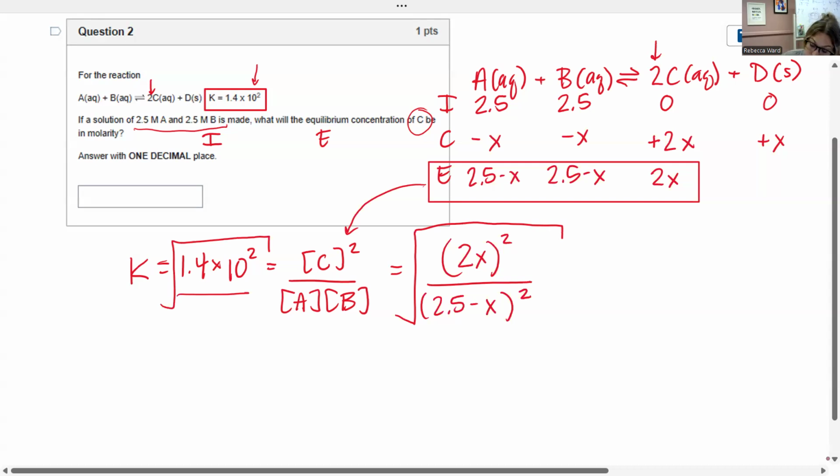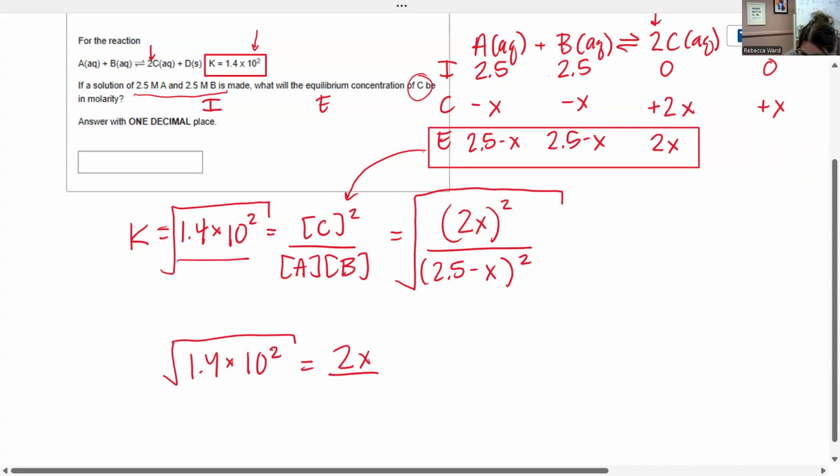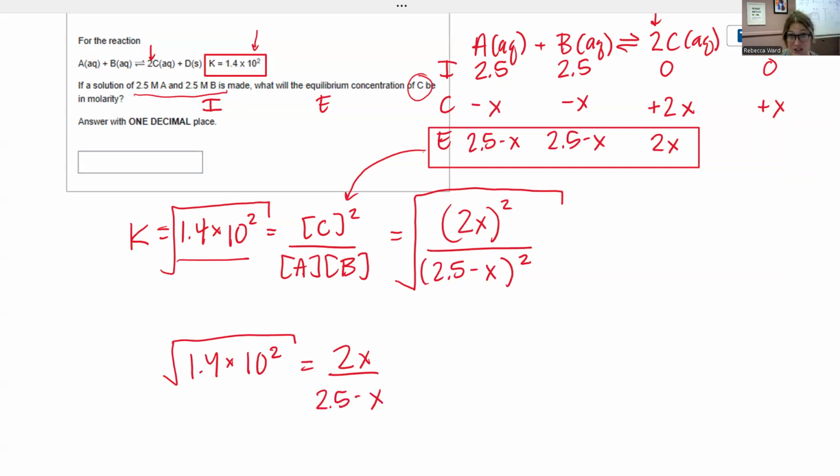What that does for me is it drops out the squares on both the top and bottom. So the square root of 1.4 times 10 to the 2 equals 2x over 2.5 minus x. And now I don't have any square terms, which means I can solve this without a quadratic, which I am deeply thankful for. So look for this perfect square. It's one of the more common ways that we set up questions to allow you to avoid using a quadratic.